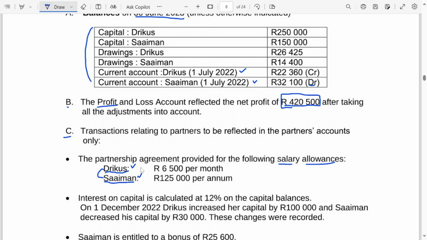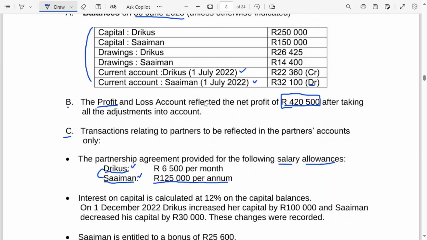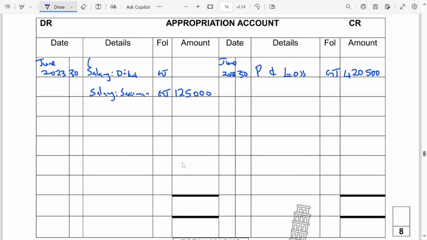So the salary of the whole year for Seaman is given 125,000 per annum. That is the same thing as per year. So 125,000. And then for Dracos, they gave us 6.5. Remember, we're doing for the whole year. So we want the one of the whole year. 6.5 multiplied by 12. That is 78,000.